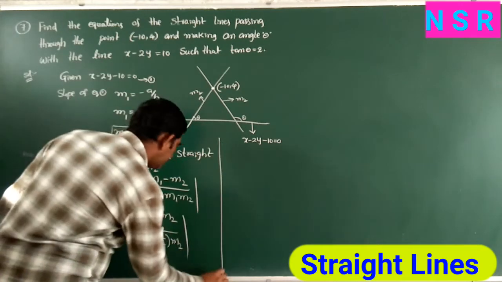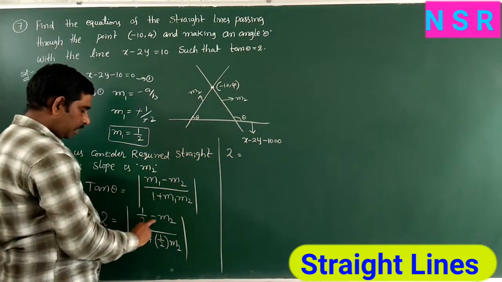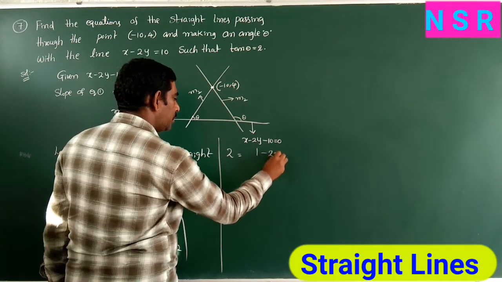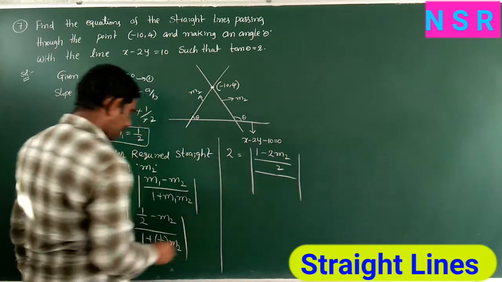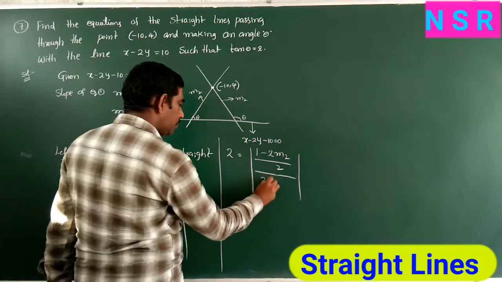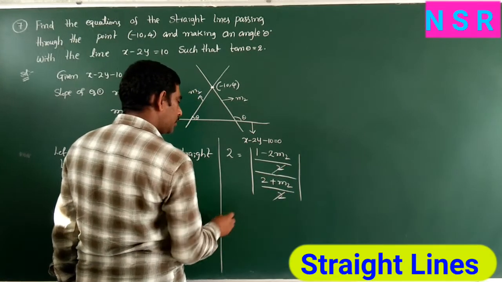Now simplify this. So 2 is equal to 1 by 2 minus m2, LCM is 2, multiply here 1 minus 2 m2 by 2, by 1 plus m2 by 2, LCM is 2, multiply here 2 plus m2 by 2. So here denominator 2 gets cancelled.